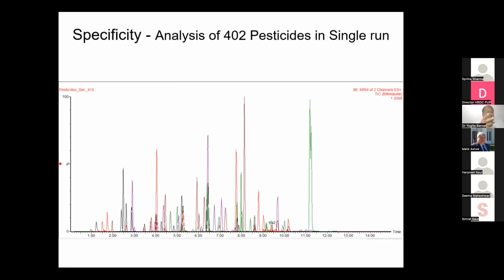This is another example where 402 pesticides are analyzed in a single run, and that run is just 14 minutes. So within 14 minutes, using UPLC coupled with the QTOF, we are able to identify and quantify 402 pesticides.